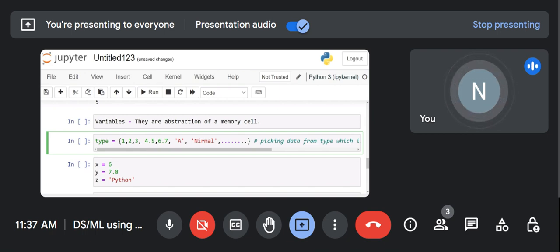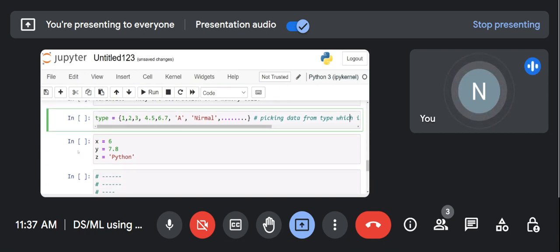But in general, we need to say that a type is a set which is a collection of all these data values, and if you pick a data from that particular type, there is a recognition. Okay, this is an integer value picked, so it is called an integer, then it is called a float, then it is called a character, whatsoever. This is the definition of data type.